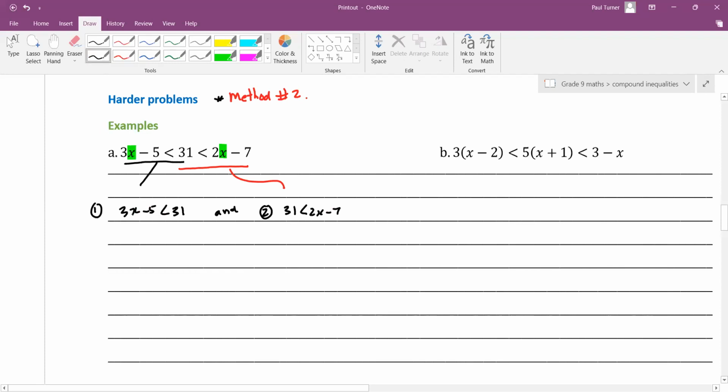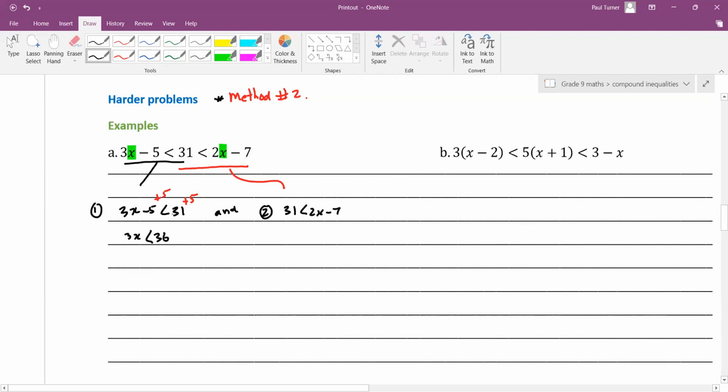So you've got 3x minus 5 less than 31. Let's add 5 to both sides. Deal with the constant first, that single number. Then you're going to have 3x is less than 36, isn't it?